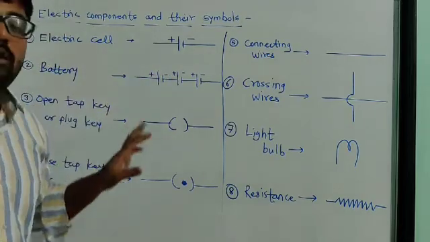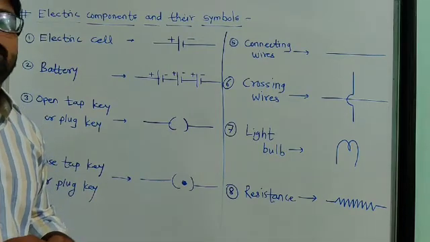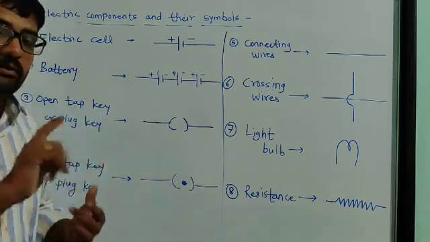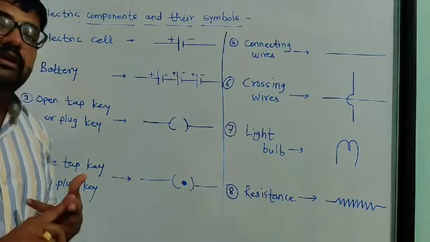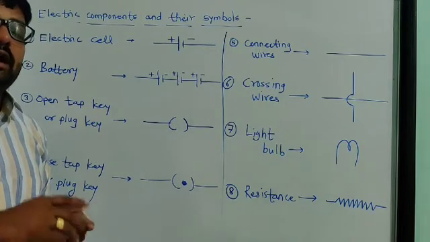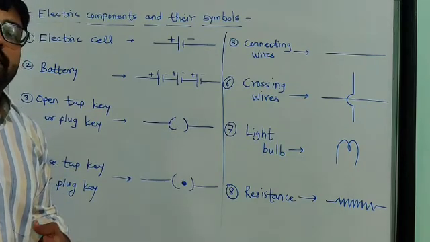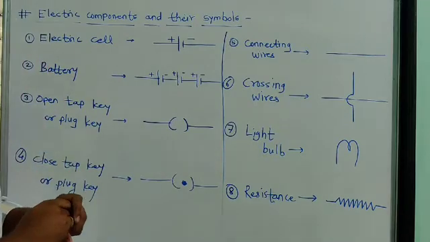If you look in the book, pictures are also given. Four columns are given in the book for electric components: first the name of the component, then the picture, then the symbol, and last the use of that component.